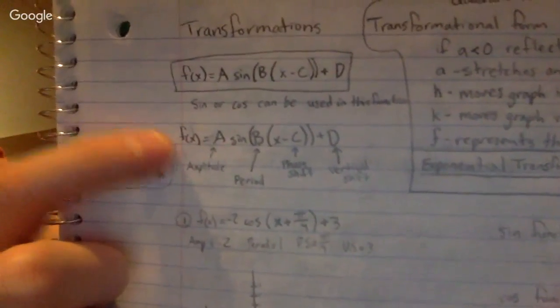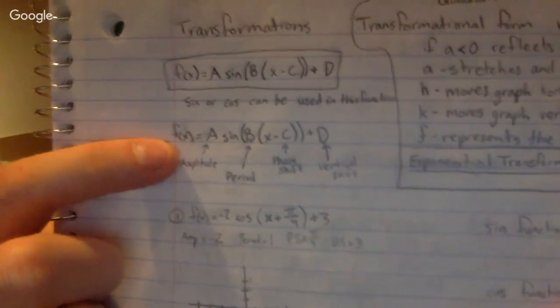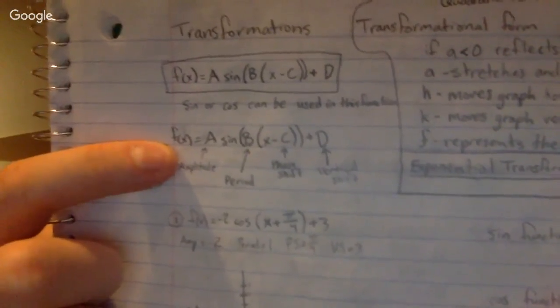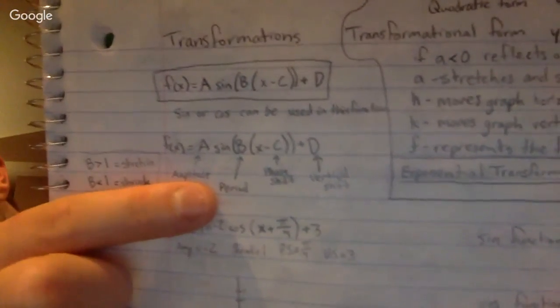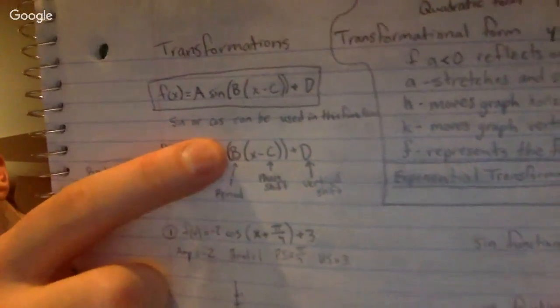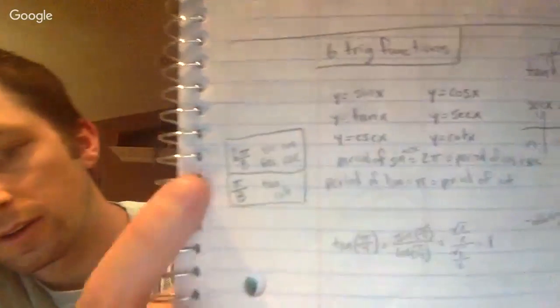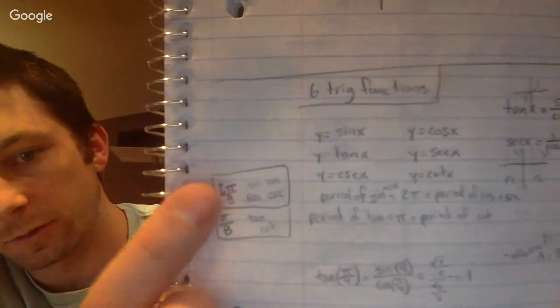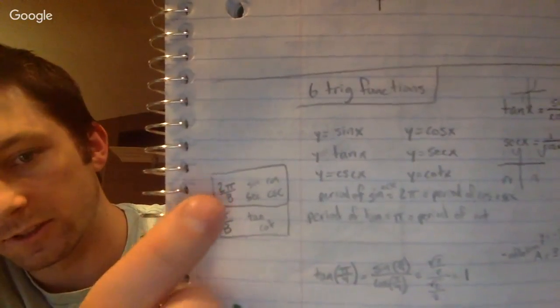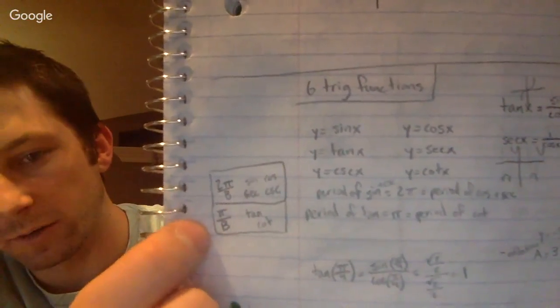In this one, f of x equals a sine b times x minus c, plus d. So b is what you divide 2 pi by to get your period. So 2 pi divided by b is your period for sine, cosine, secant, cosecant, or pi divided by b for tangent, cotangent. Okay.